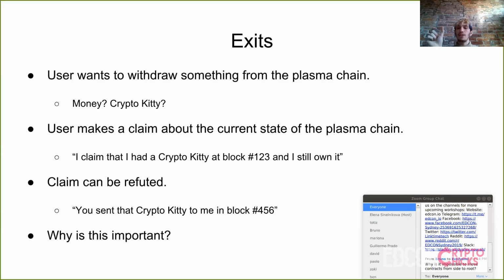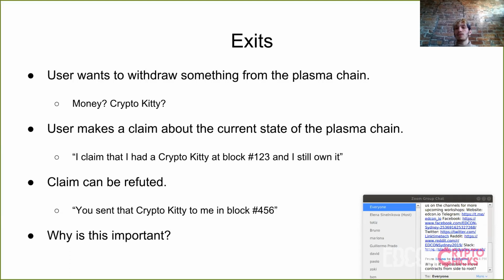And using that piece of data, users can prove things about the state of the plasma chain, right? So they can literally say, I can prove to you that I had a kitty at block 123, and I'm claiming that I still own it. And I want to withdraw it because I own the kitty, right?